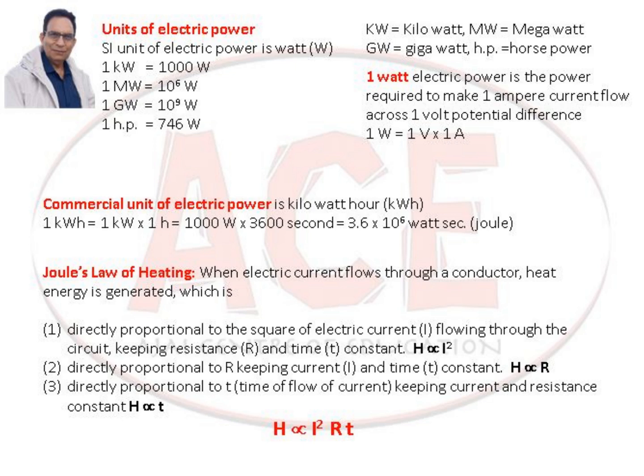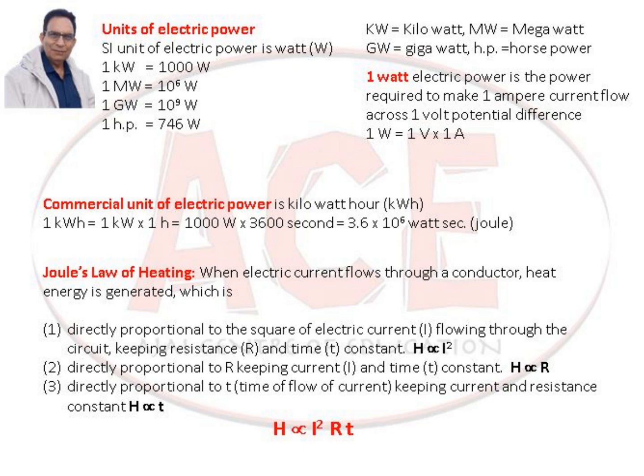Joule's law of heating. When electric current flows through a conductor, heat energy is generated, which is, number 1, directly proportional to the square of electric current I flowing through the circuit, keeping the resistance R and time T constant. H is directly proportional to I square.